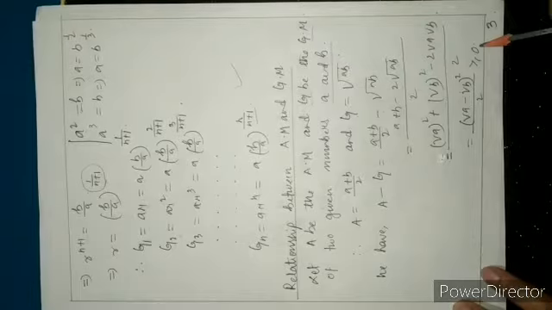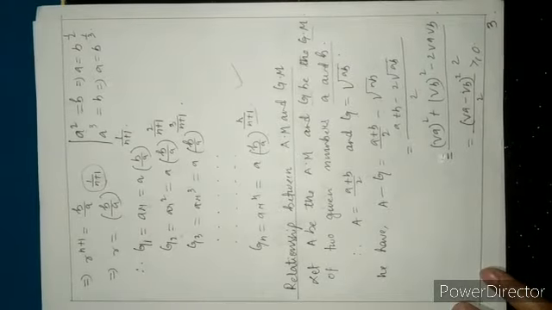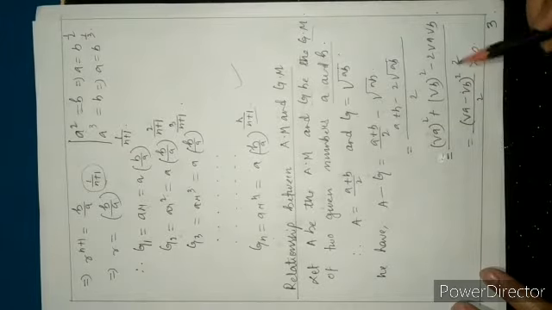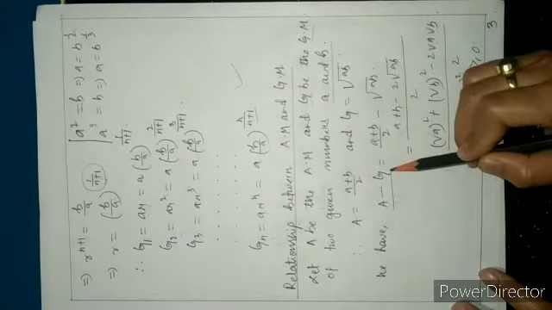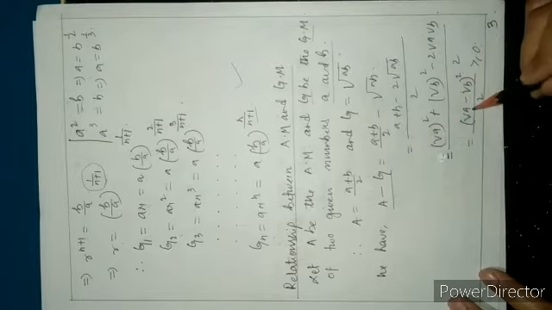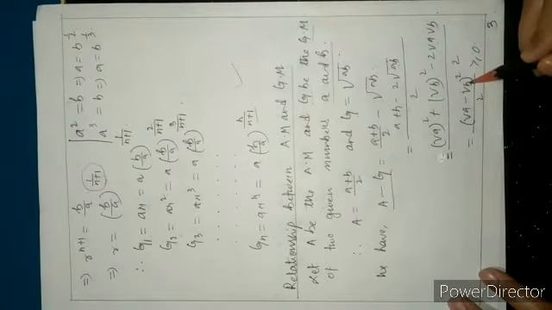It should be greater than or equal to 0, because any number squared is positive. So the arithmetic mean minus the geometric mean equals root a minus root b whole square divided by 2.